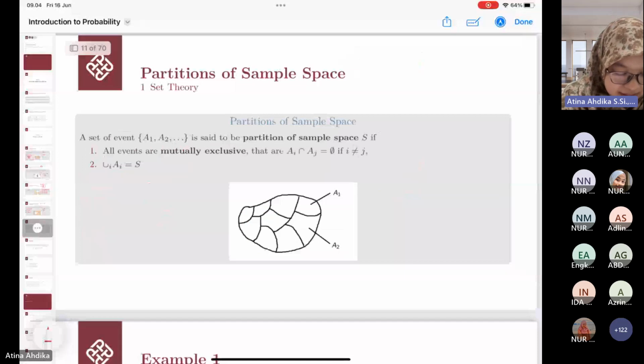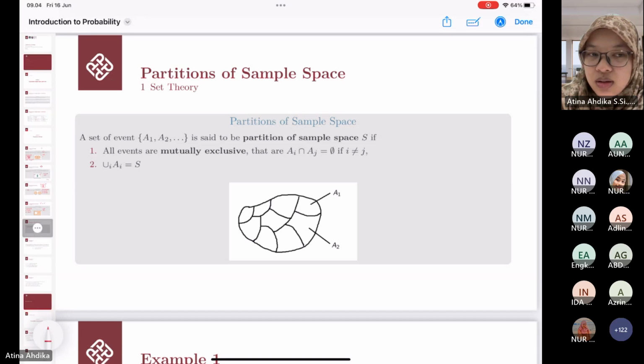Okay, and the last property of events is partitions of the sample space. You can see the description here. Imagine that we have a sample space S, and then we have a set of events, call them A1, A2, A3, etc. The set of events is said to be a partition of the sample space S if there are two properties that the set of events must satisfy.